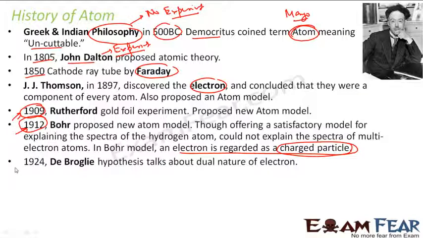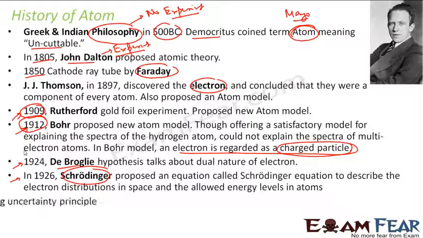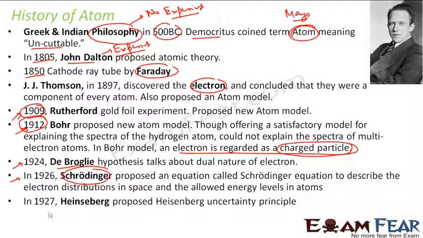And then 1924, de Broglie gave a hypothesis on the dual nature of electron. And 1926, very near, Schrödinger proposed the equation that can tell the path of the electron, where the electron moves. And with that, they came up with the quantum model. In 1927, Heisenberg proposed the uncertainty principle.